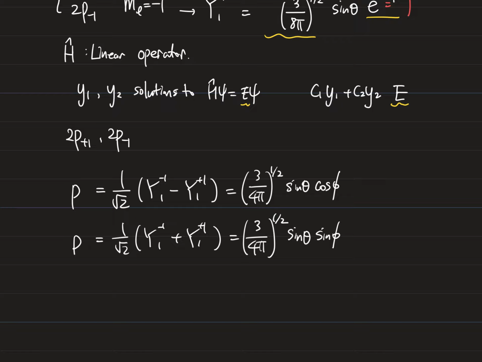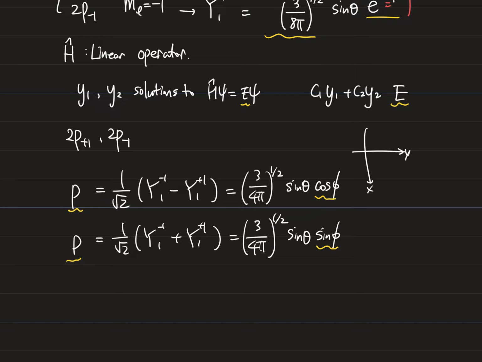So can you name these two p orbitals in real space? Let's take a look at this part, cosine phi and sine phi. In spherical coordinates, phi is the angle in the xy plane, right?